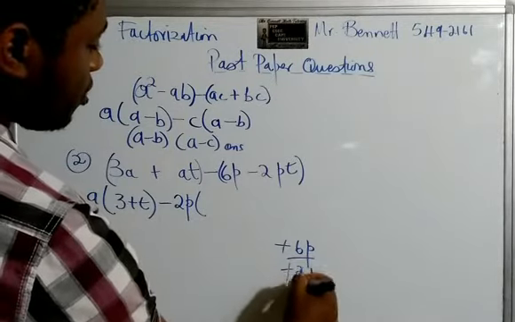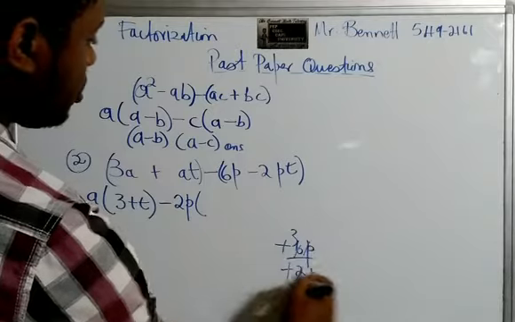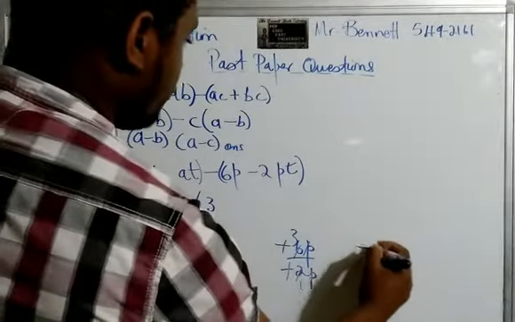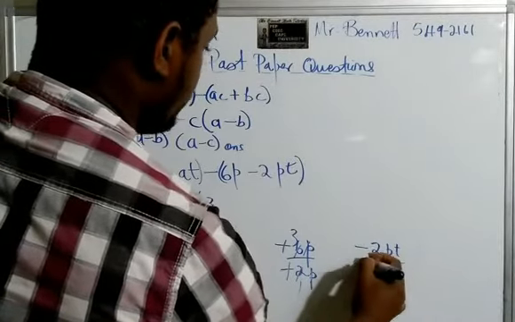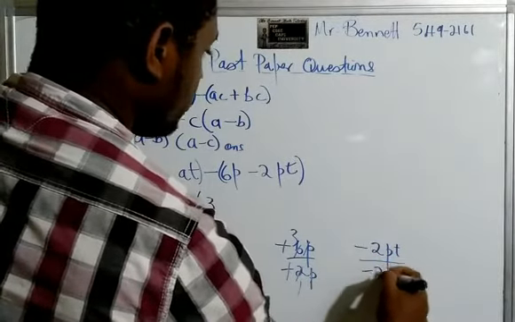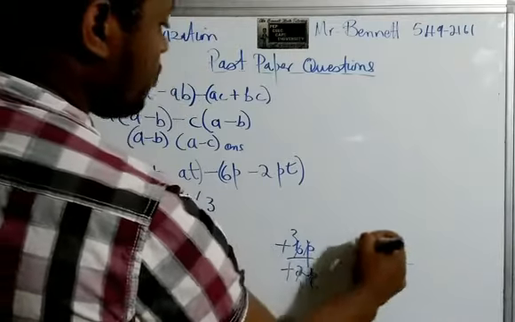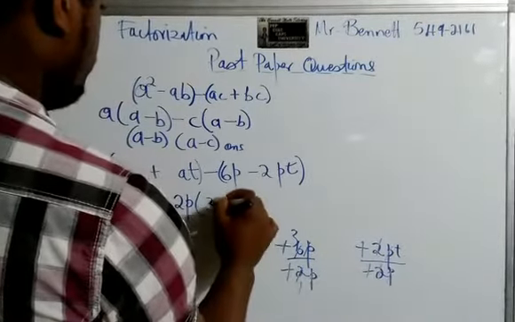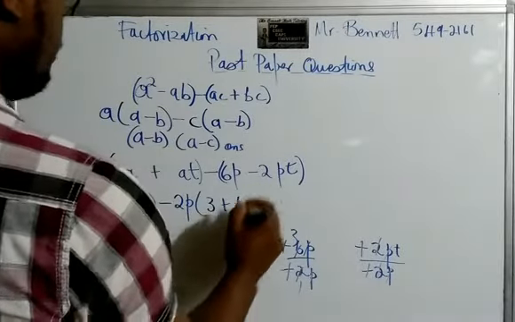Negative cancels the negative, 2 into 6 is 3, P cancels P, so we have 3. And then we have negative 2PT divided by negative 2P. Again, the negative will cancel the negative, 2 into 2 is 1, P cancels P, and that leaves plus T.